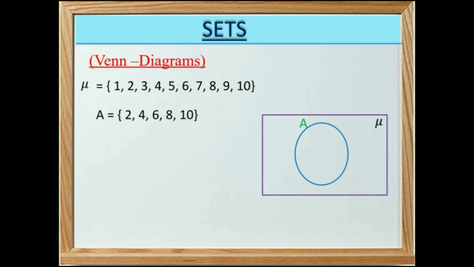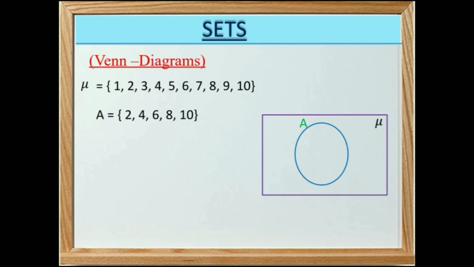Rectangular shape represents mu, circular shape represents set A. Here the elements of set A, 2, 4, 6, 8, 10, are also in set mu. That's why A is said to be a subset of mu.